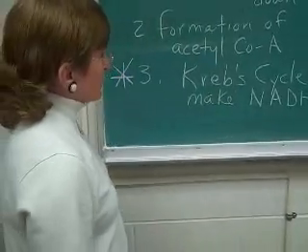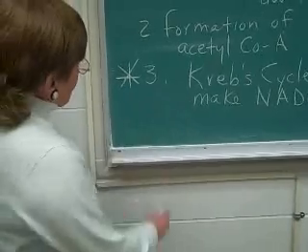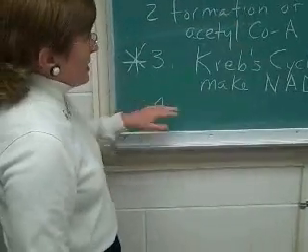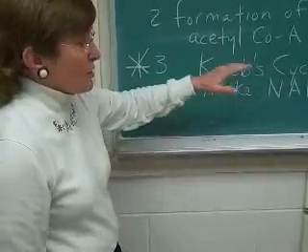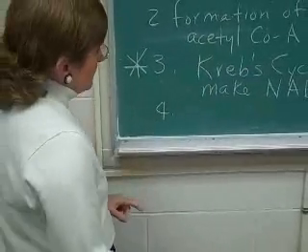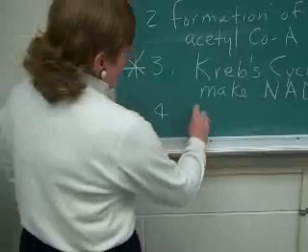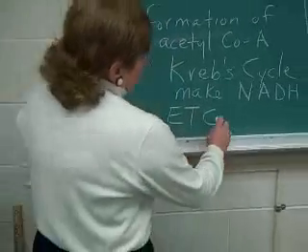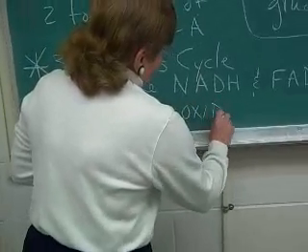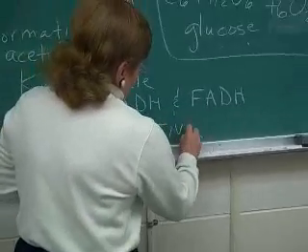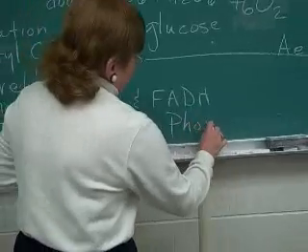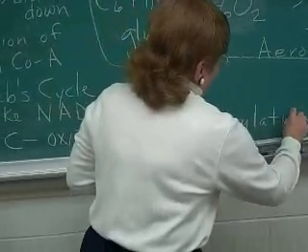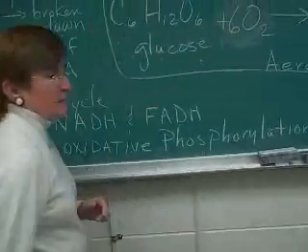What happens in the fourth and final step of aerobic cell respiration is that these reduced molecules are utilized in an electron transport system, electron transport chain, by a process called oxidative phosphorylation.